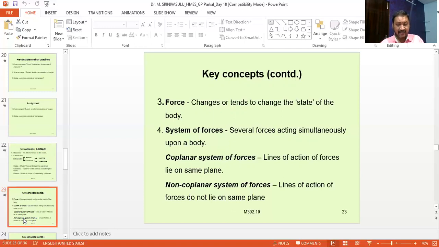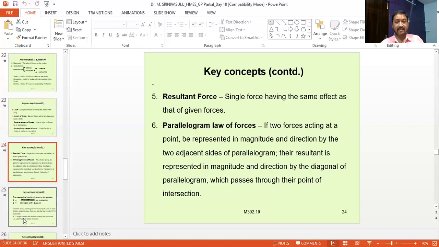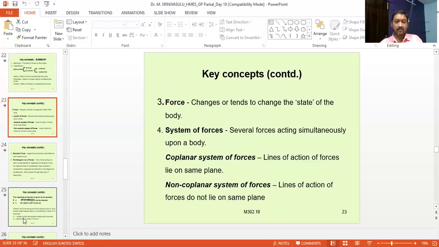So coplanar means the lines of action of forces lie in the same plane. Non-coplanar means the lines of action of all the forces do not lie in the same plane.